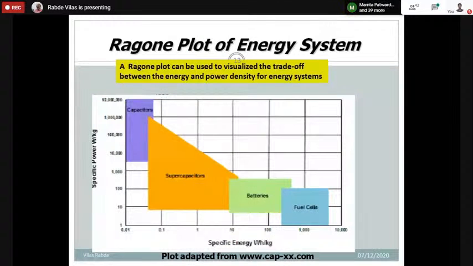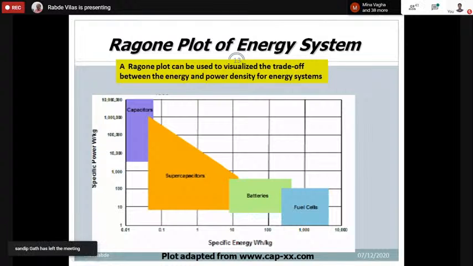But if you see the famous Ragone plot, with specific power in watt per kilogram versus specific energy in watt hour per kg, you will find supercapacitors in this particular region performing very well. Of course, the specific energy is very low.